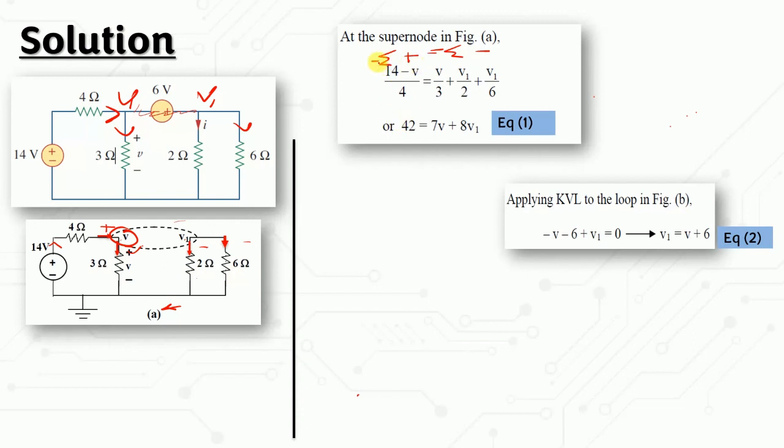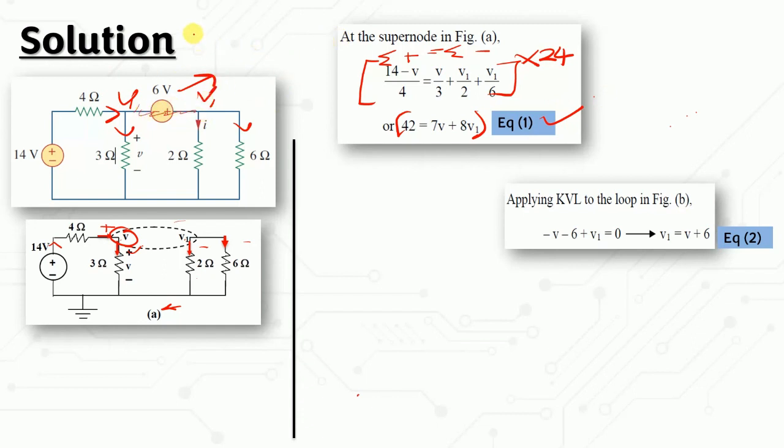And then you need to simplify this equation by multiplying it with, I think, maybe 24, right? 24. When you simplify, you can have this equation as your equation 1, and another equation you will have for the supernode.